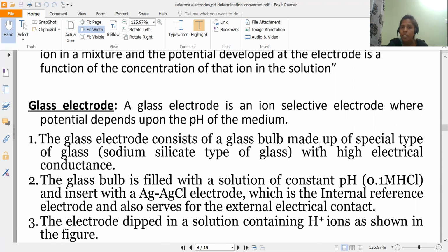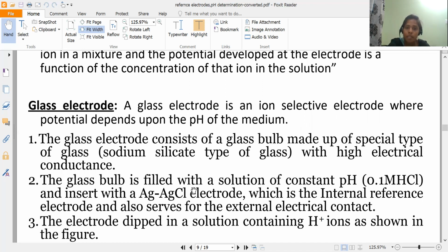This glass bulb is made up of a special type of glass. That special type of glass is sodium silicate with high electrical conductance. Whatever membrane we are using is a special type of membrane, a special type of glass, and this sodium silicate has high electrical conductance.